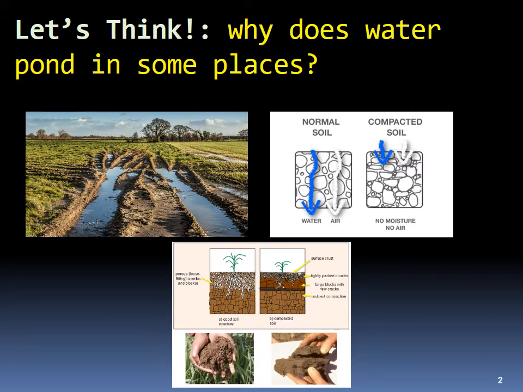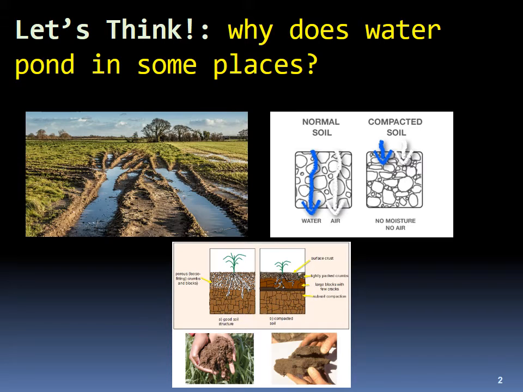When the truck was driven on the soil, it compacted the soil and also removed the vegetation because of the continuous driving in that area. Because of this, water ponded on that particular area.